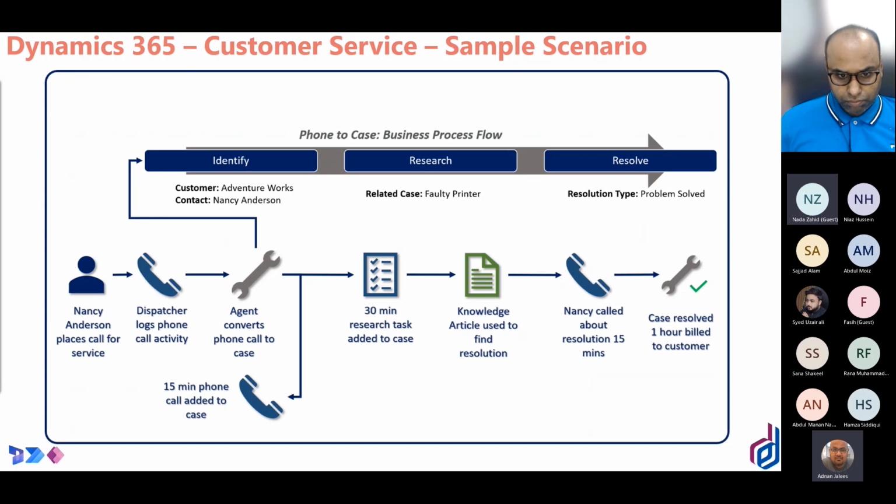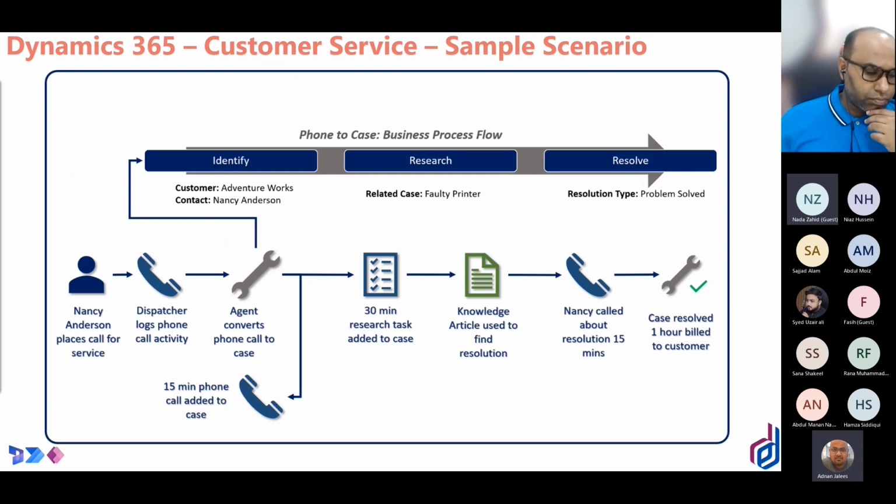All of the records will be captured, and in the end you can log the hours at the time of the resolution. Either you can bill the customer if it is billable, or you can also just track the billable hours, meaning how many hours you have consumed in between.